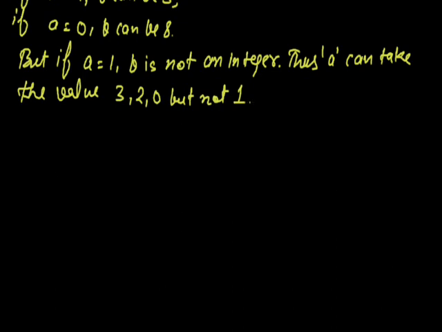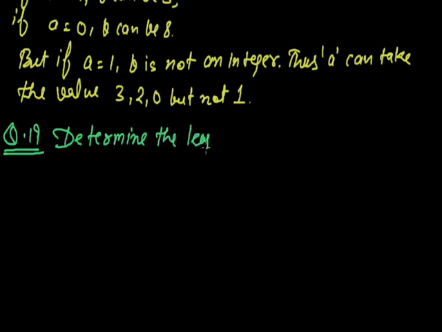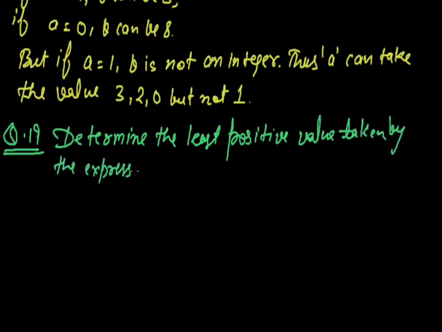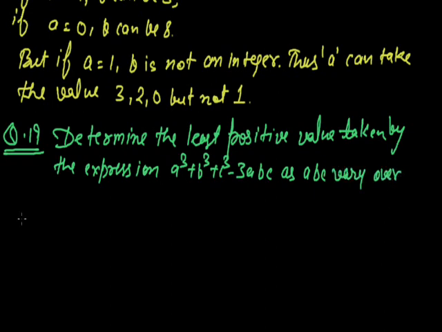Moving to our next question, question number 19, that is given to us as: determine the least positive value taken by the expression a cube plus b cube plus c cube minus 3abc, as a, b, c vary over positive integers.